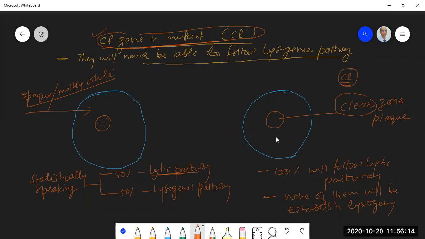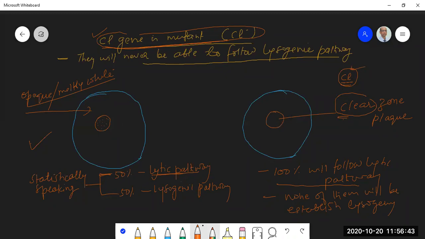So mutation in the CL gene will result in the formation of clear plaque on the agar plate.